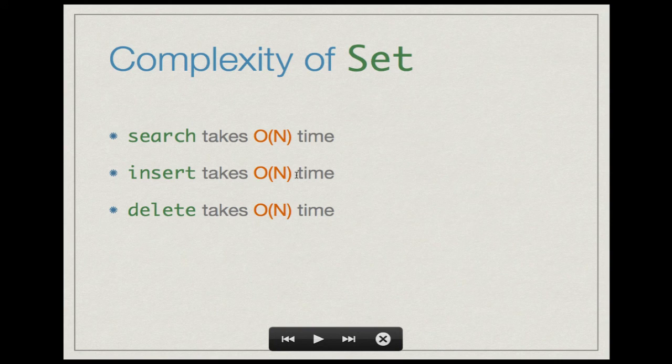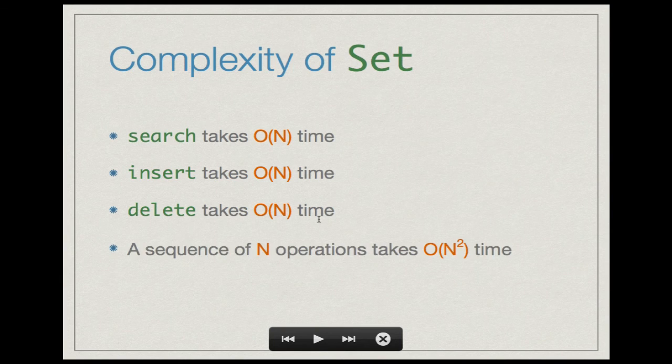Insert also takes order n time because first of all you have to make a search in the list. Delete takes order n time because filter takes order n time. So a sequence of n operations takes order n squared time. And we might want to do better than this.